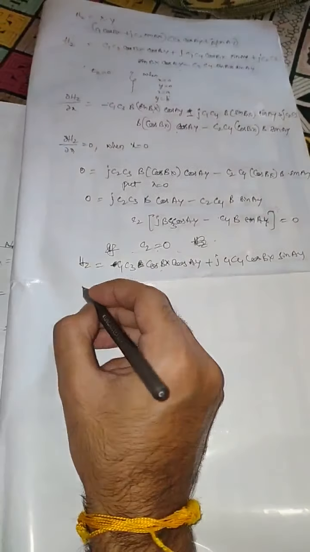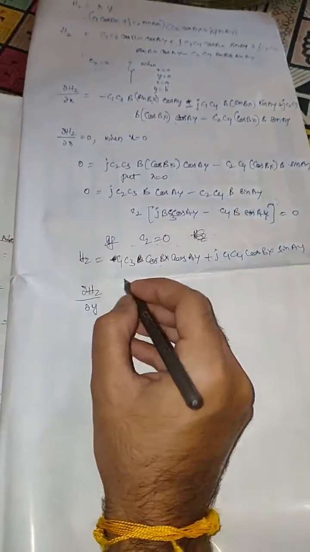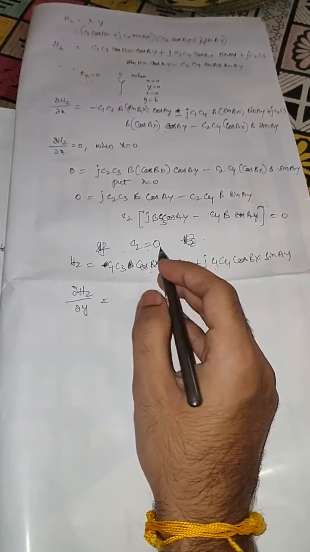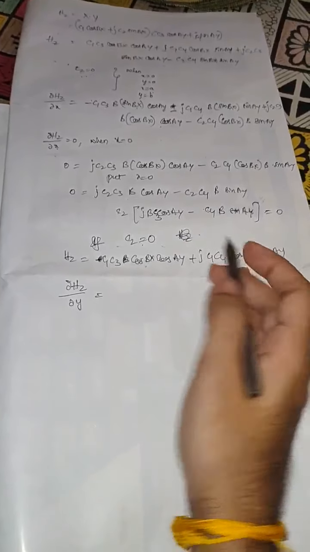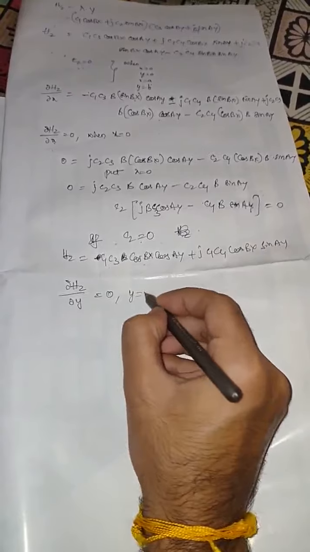By using this, now apply the second differentiation for this equation with respect to y, and equate it to 0 when y is equal to 0.